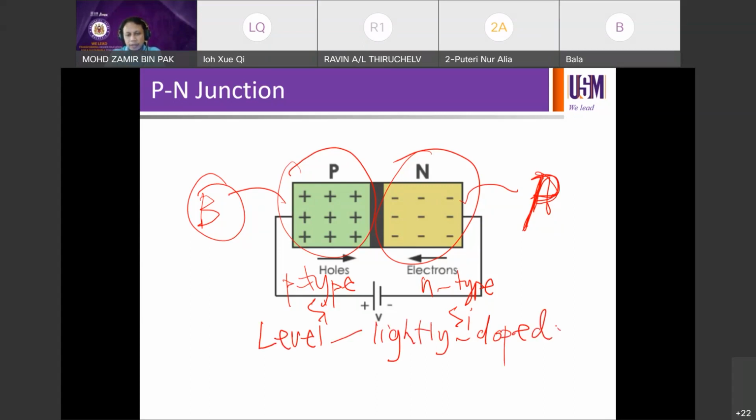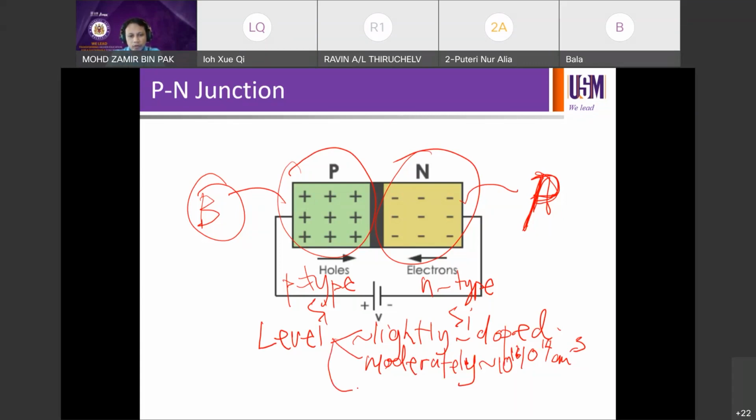Lightly doped typically means you dope around 10 to the 14 or so, not so high. You can moderately dope, so the level is a bit higher than the first one, typically around 10 to the 16 or 17.